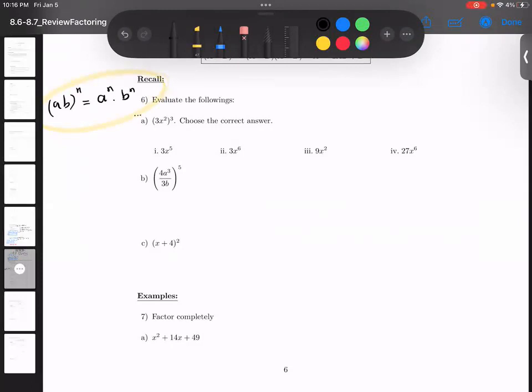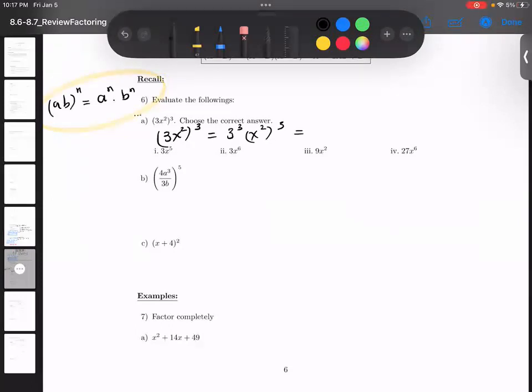So what I'm going to do, 3x squared quantity cubed is equal to, well, in this case, 3 is a, so a to the n, 3 to the cube, and then b is x squared, so x squared to the cube.